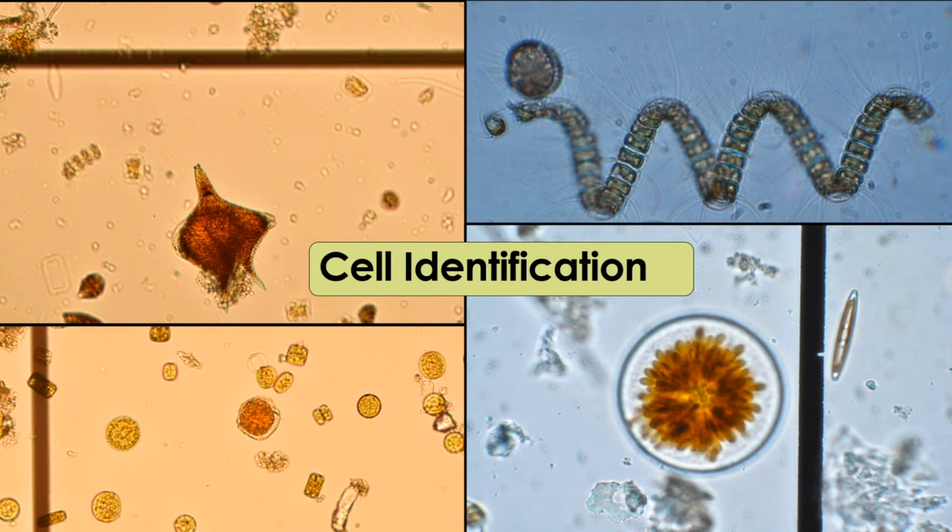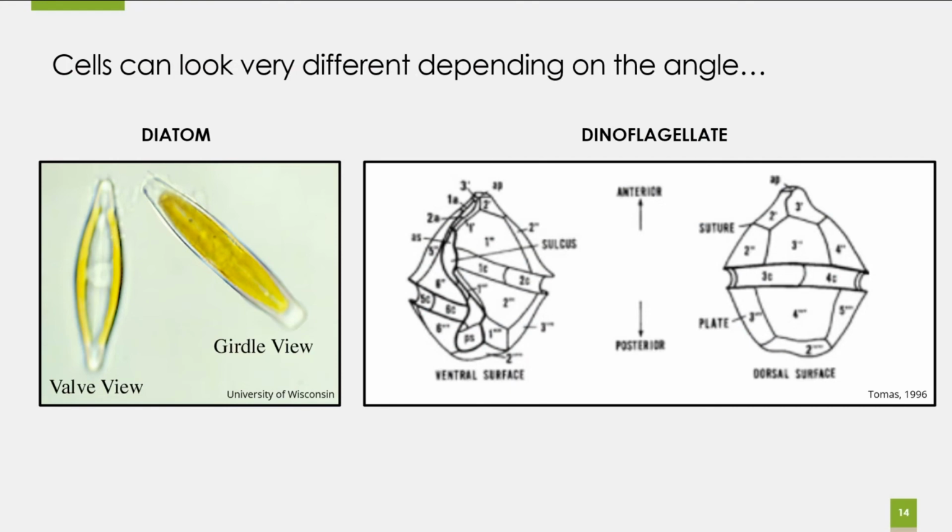Before we get into cell identification, I want to mention quickly that cells look very different depending on the angle you're looking at them from. I don't think I realized, and other people may not realize, when you first start looking at cells, that you're not looking at a flat, 2D object. With a diatom, for instance, you can have a valve view or a girdle view.